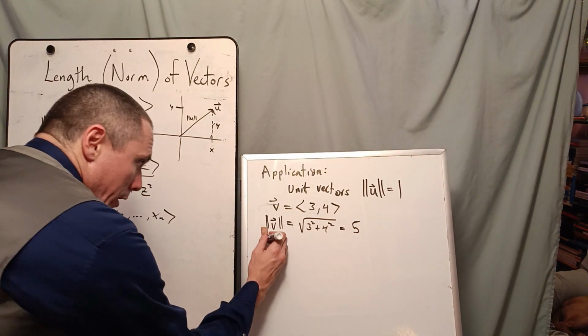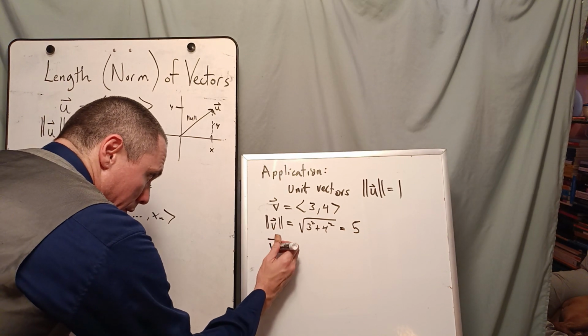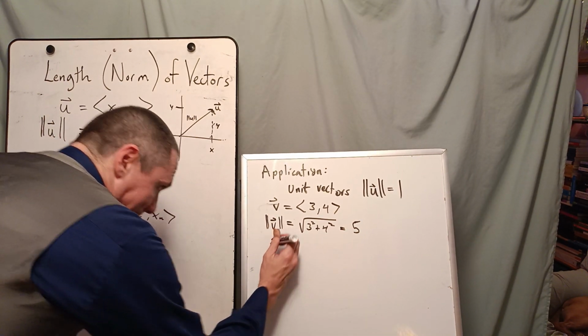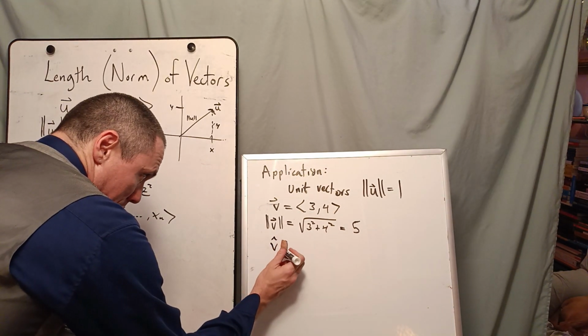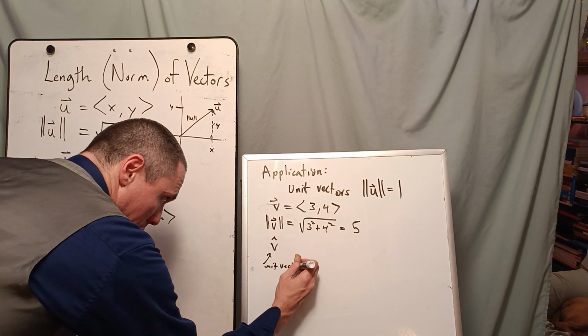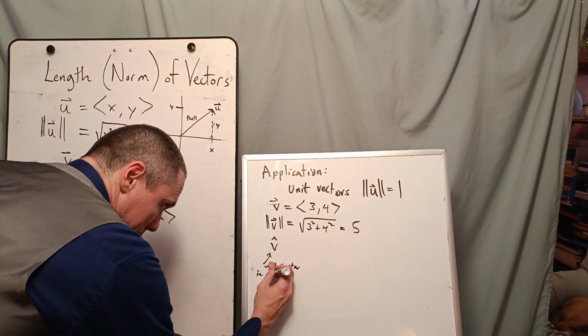And so how could I make a unit vector, which we sometimes write v hat, the unit vector in v's direction?